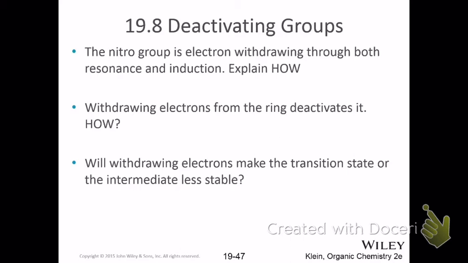What is deactivating about that? It's got a resonance structure and this positive charge. So nitros are very strongly deactivating, because of the positive charge next to the ring, and also by resonance it removes electron density.